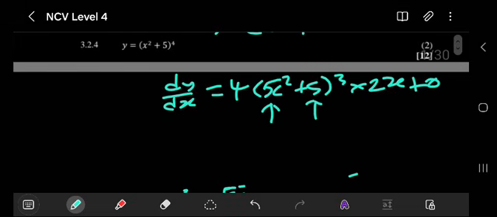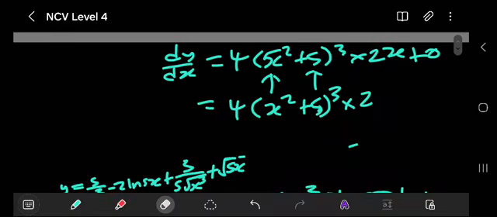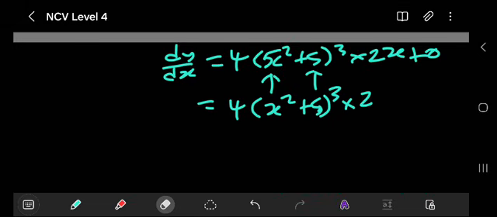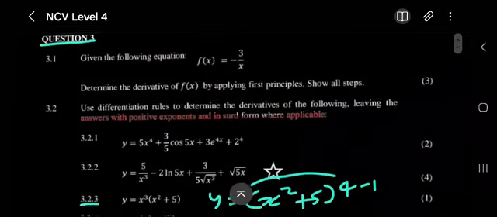Then the answer there will be 4 times x squared plus 5 raised to the power of 3 multiplied by 2. So if you want, yeah, you are done. If you want, you can simplify further, multiply these 2 there, which is 8x. So yeah, this is what it is, guys.